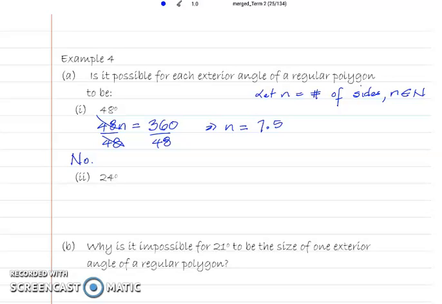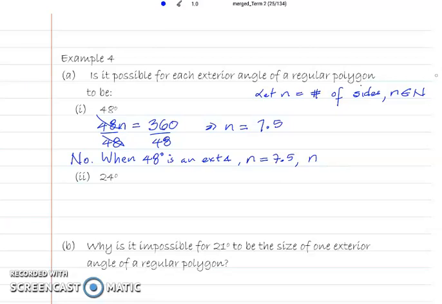The basic reason is that when 48 degrees is an exterior angle, n is equal to 7.5, which is not an element of the set of natural numbers.